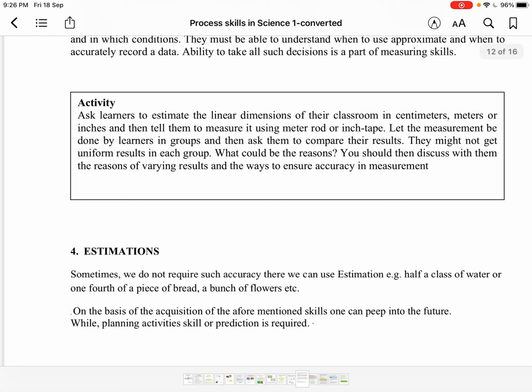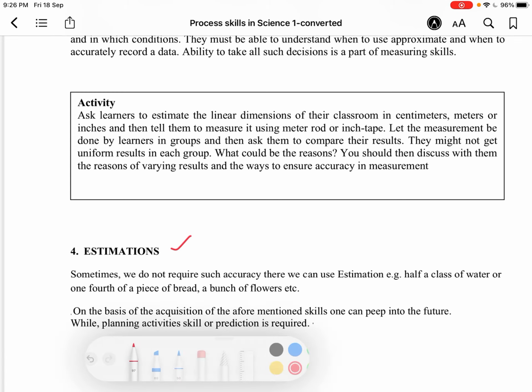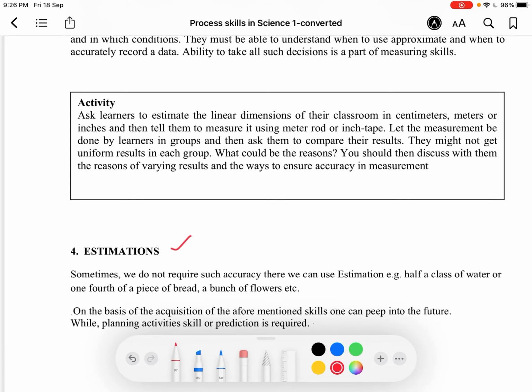Then another basic skill is estimation. Sometimes in certain activities we have to make use of the skill of estimation, where exact measurement is not required. Sometimes we need half a glass of water, or a small piece of blotting paper, or a bunch of flowers, or a pinch of salt.